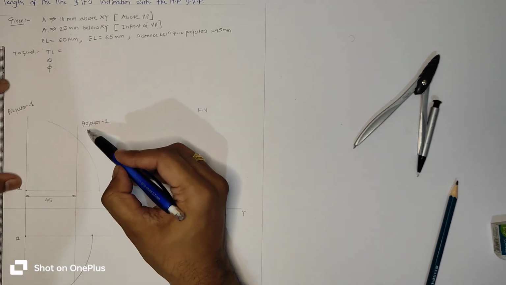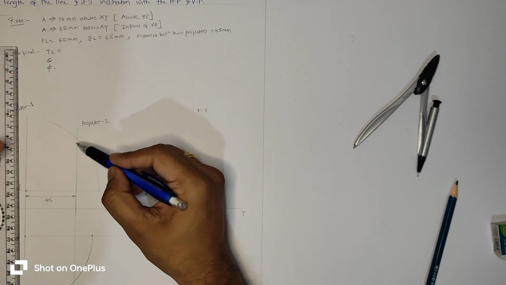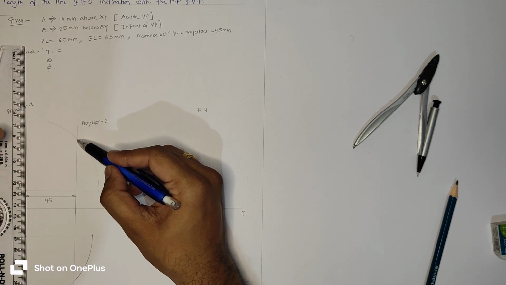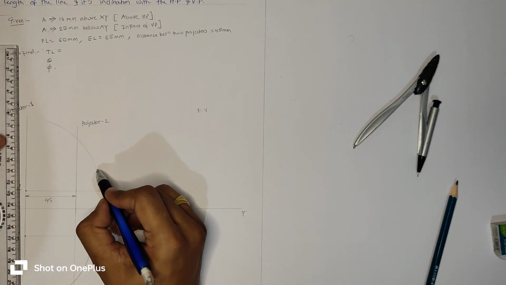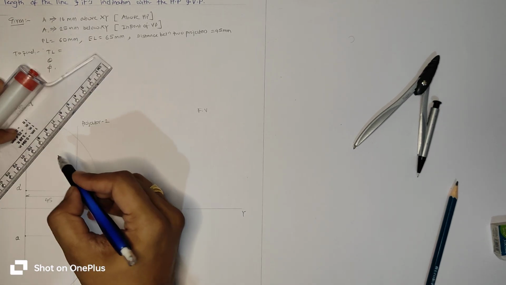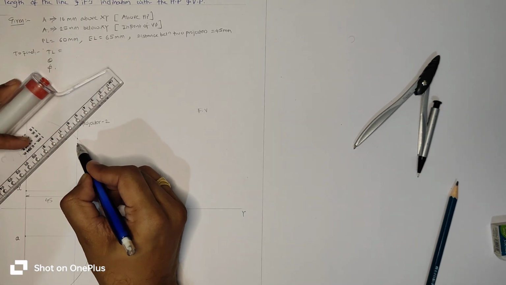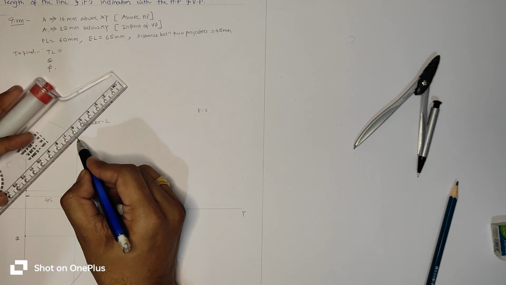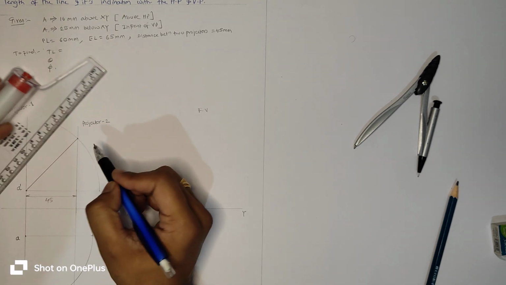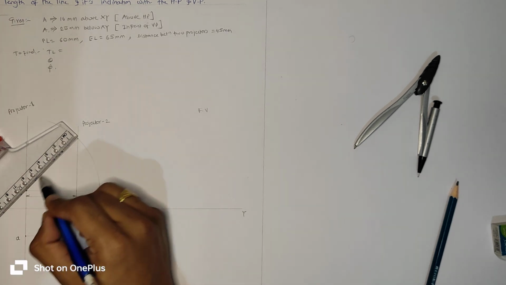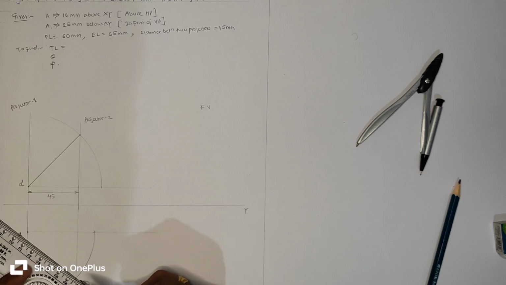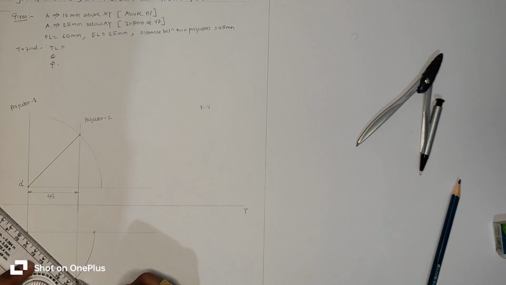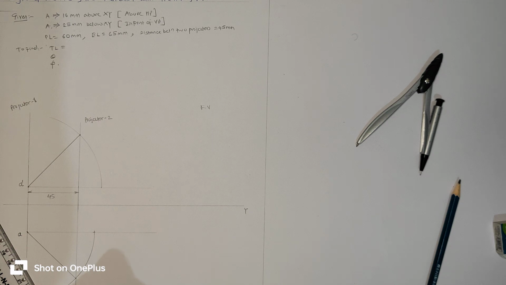Now projector means a line passing through the end point of elevation length and the end point of plan length, and this arc is the arc of elevation length, right? So this intersecting point is the end point of elevation length. This length is 65 mm. And if we join this intersecting point to point A, this line will be the plan length with inclination.